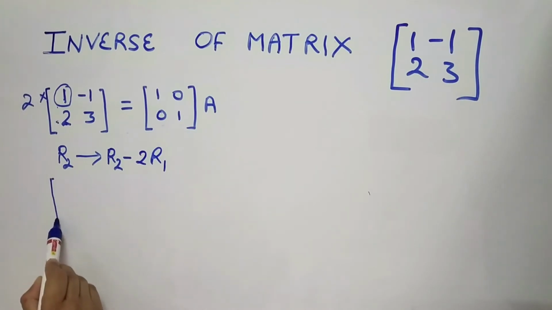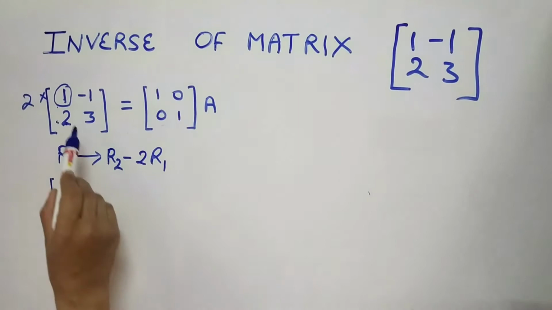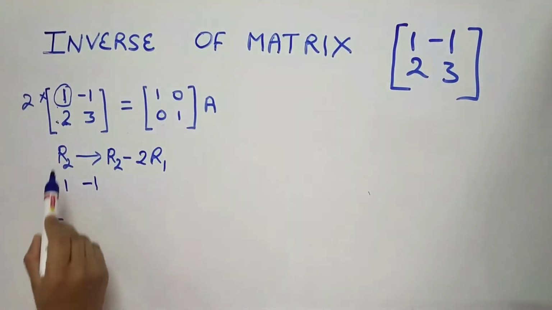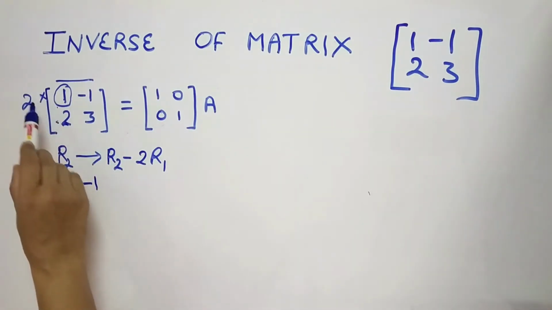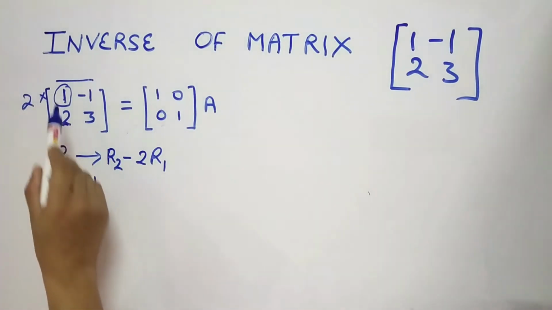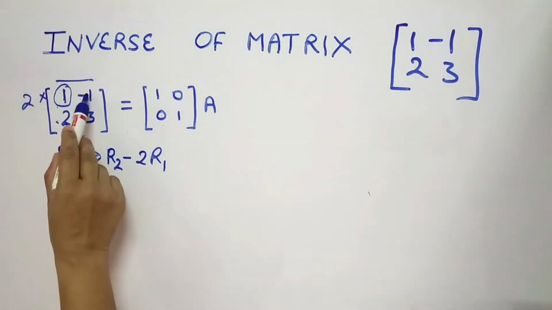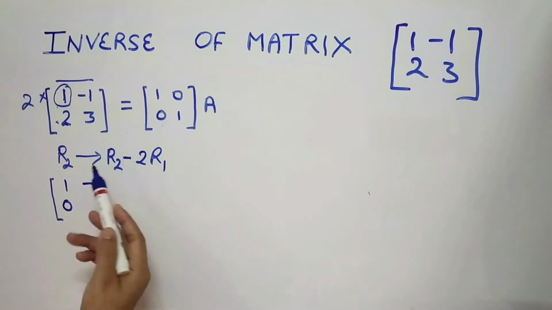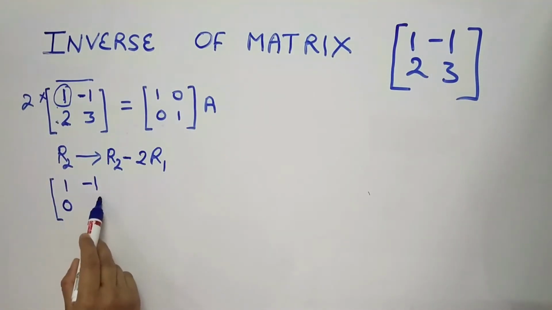Now see what changes you'll get. Nothing is written for R1, so R1 will come as it is. For R2, we multiply the full first row with 2 and subtract it from R2. So it will be 2 minus 2, 0, and then 3 minus 2 times minus 1, so it will be 3 plus 2, 5.